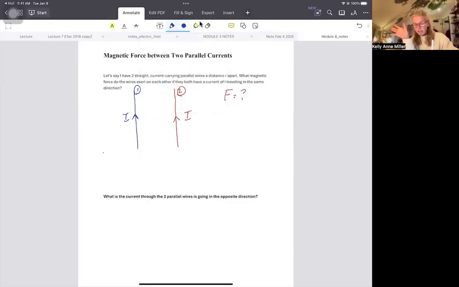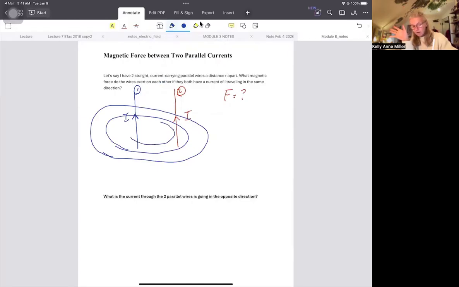There's going to be a B field that goes around like this, right? And it's going to go into the page on this side and out of the page on this side. So that's the first step, figuring out what the B field from wire 1 is doing.